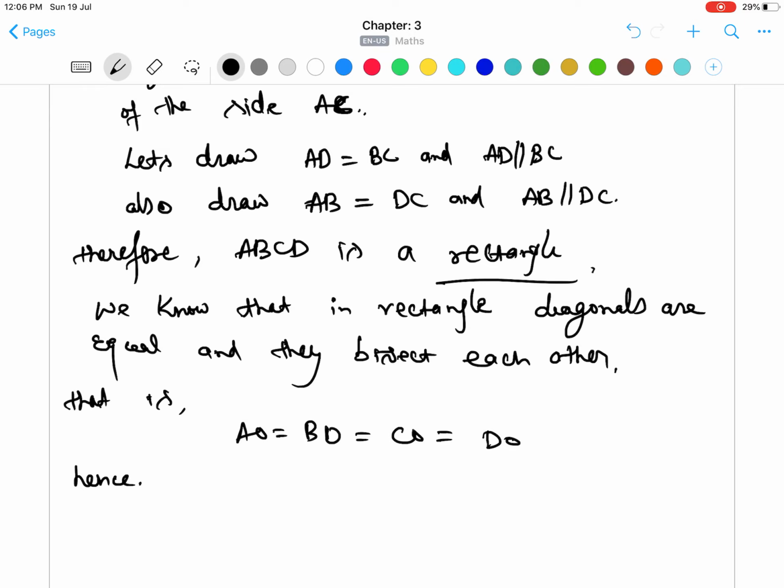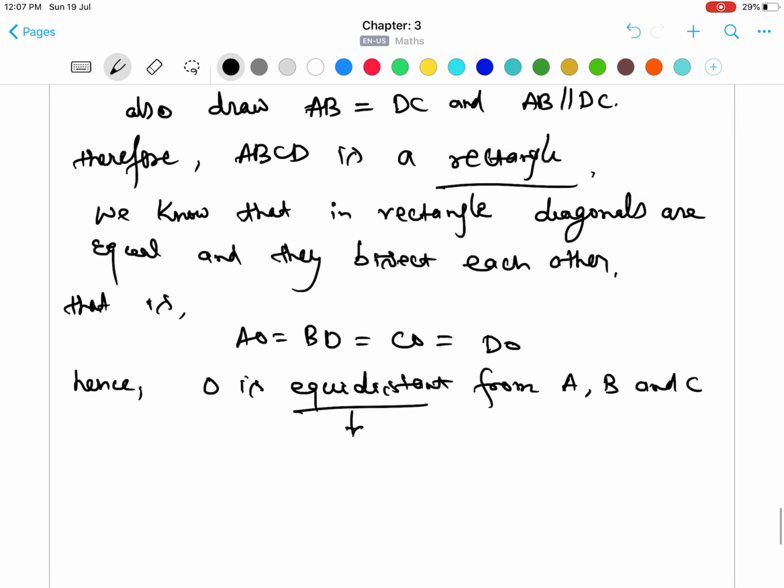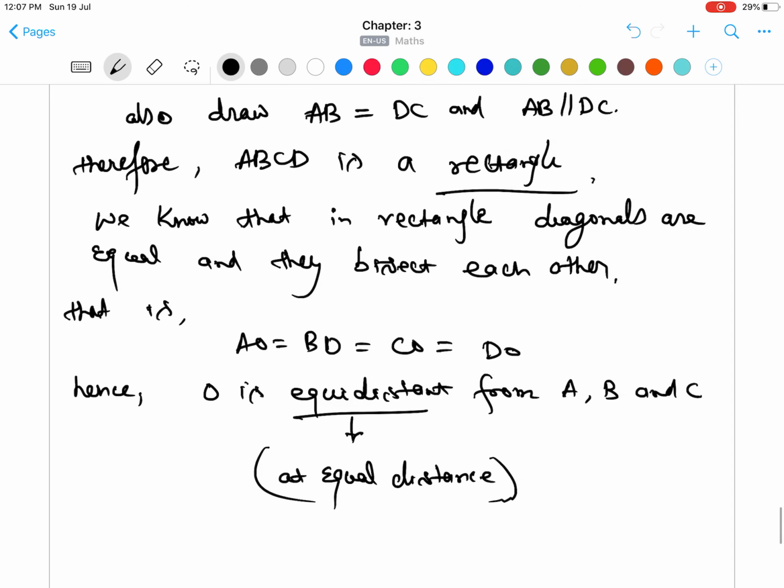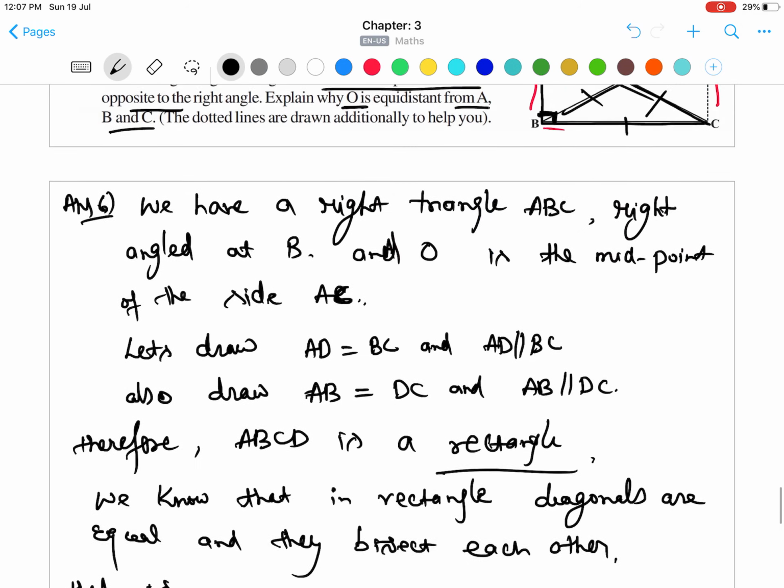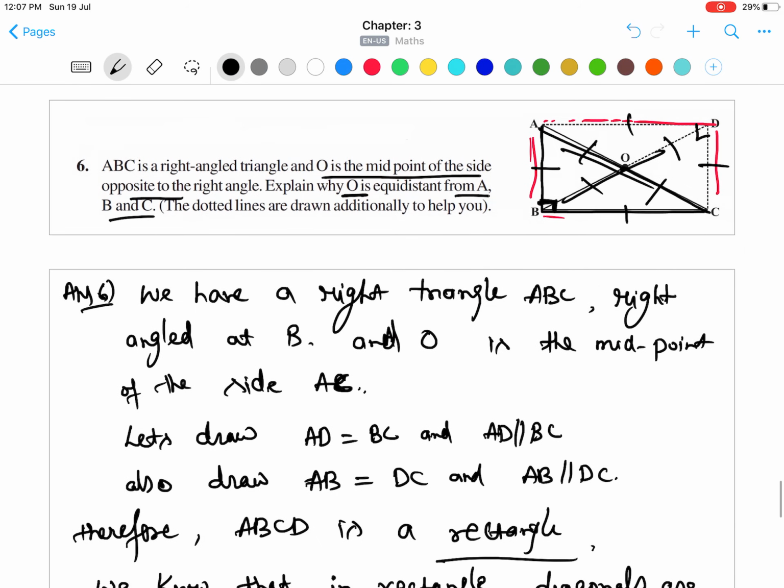Hence O is equidistant from A, B and C. Equidistant means at equal distance. I hope this is clear to you.